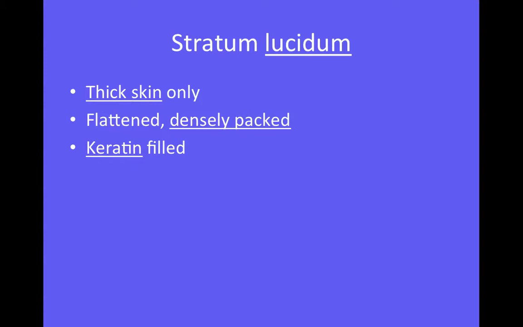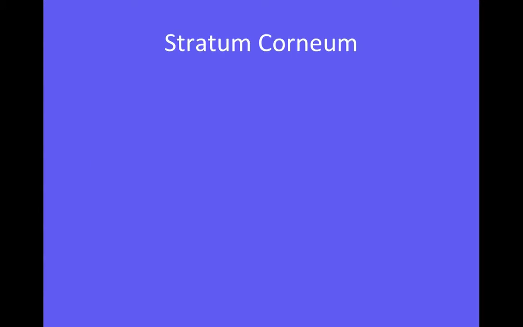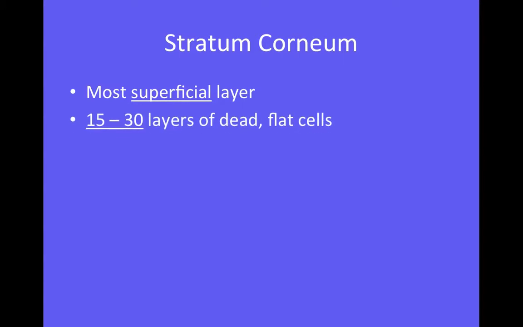The last layer and the outer layer of cells is called the stratum corneum. This is the most superficial layer, so when you touch your skin, you're actually touching your stratum corneum. This is made up of anywhere between 15 to 30 layers of very dead, flat cells.